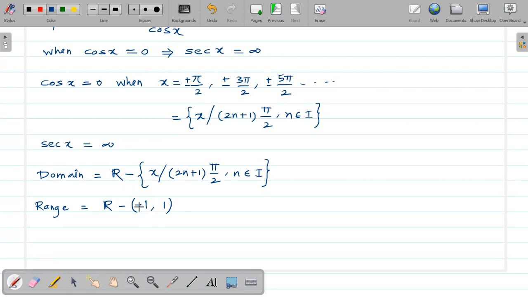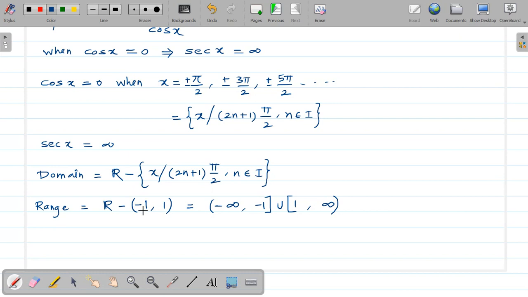So range of sec x will be R minus open interval -1 to 1, or you can rewrite this as from minus infinity to -1 union 1 to infinity, like this.